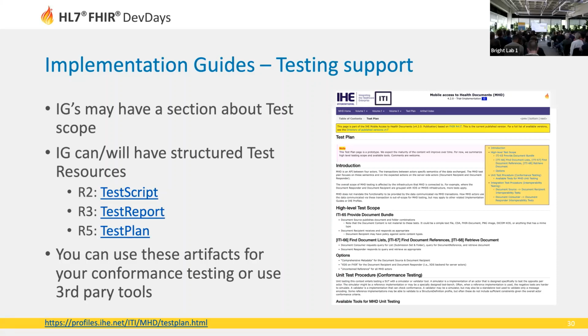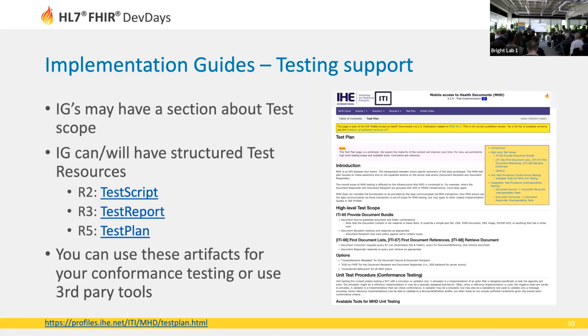Release 2 introduced TestScript, which is a way that can tell you how this interface should work and how you can run a test against your implementation. In release 3, TestReport was introduced, so that you can share the results of such different TestScript evaluations.